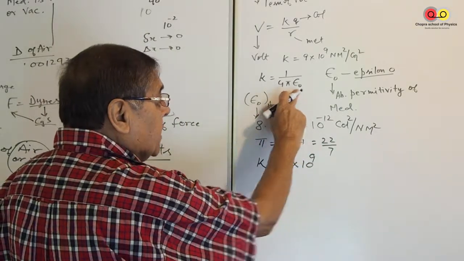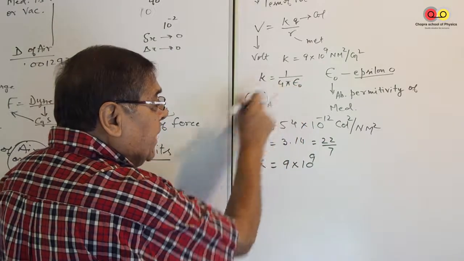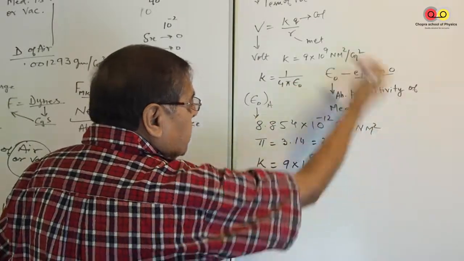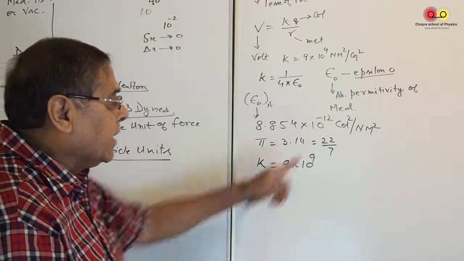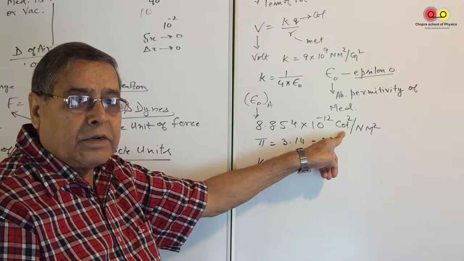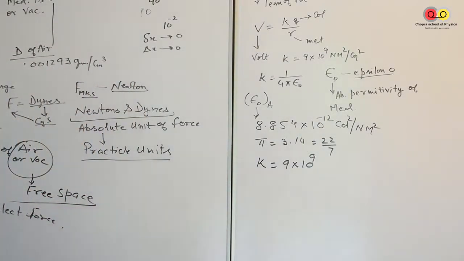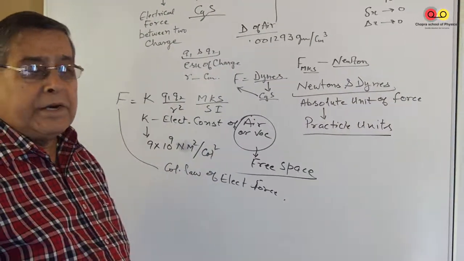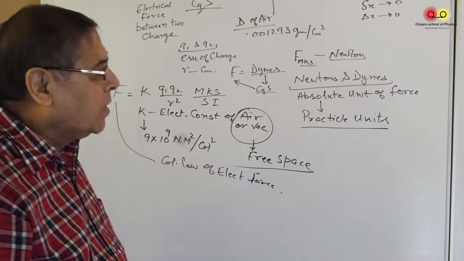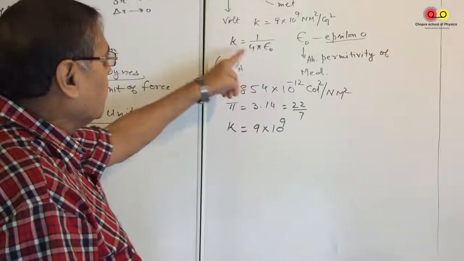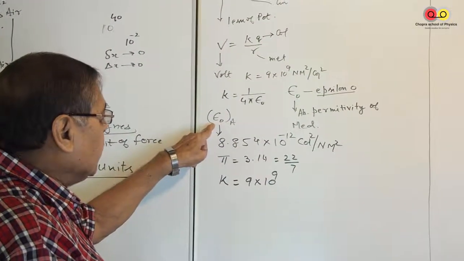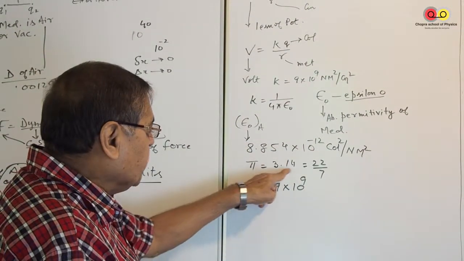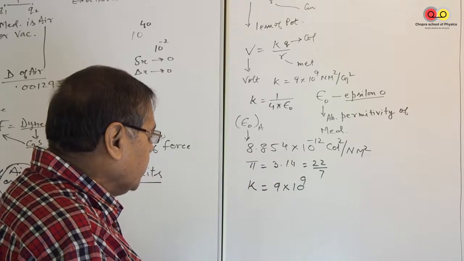Now we have to write the unit. Epsilon naught is in the denominator. So if you put this number in the denominator, Newton meter square will come in the numerator and Coulomb square in the denominator. So you will remember that the electrical constant of air is this one, epsilon naught for air, this one, pi 3.14 or 22 by 7.